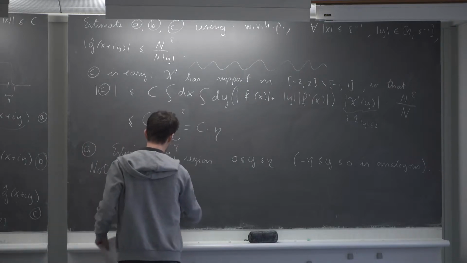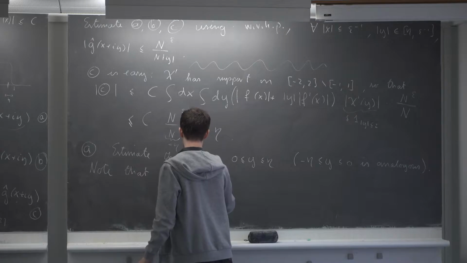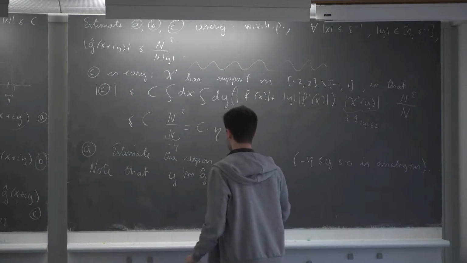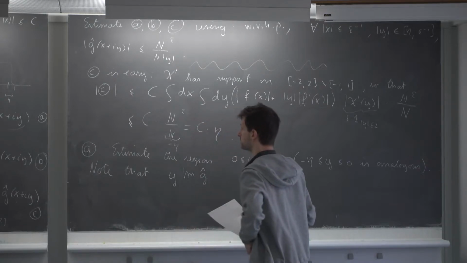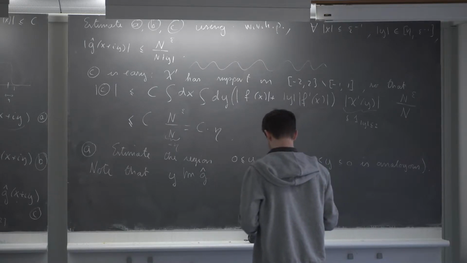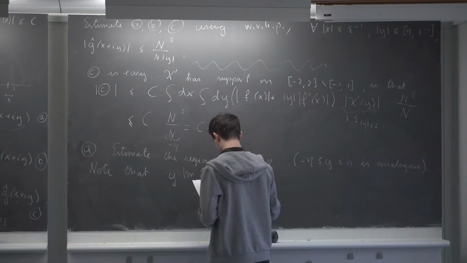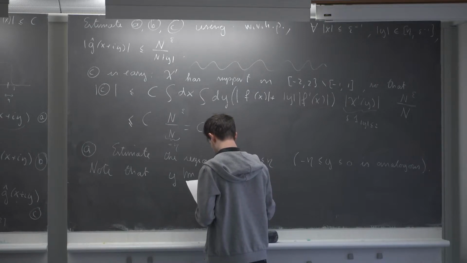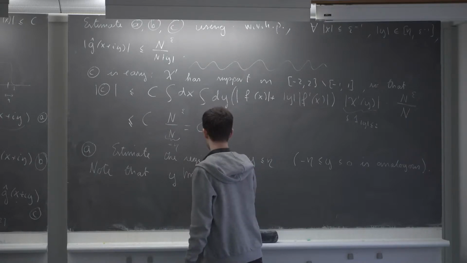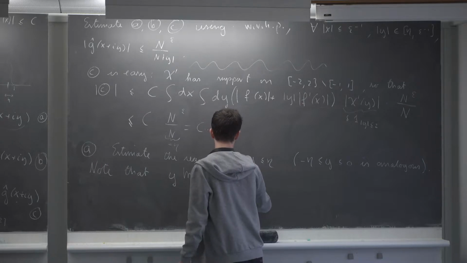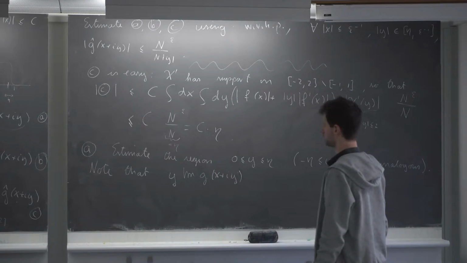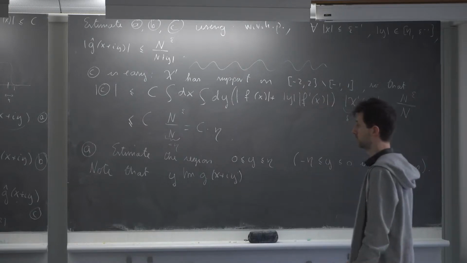So I claim that if y is now positive, y times imaginary part of g hat, in fact, it is not true for g hat, it is only true for g. It has to be a positive measure. So okay, I claim g is the Stieltjes transform of a positive measure.